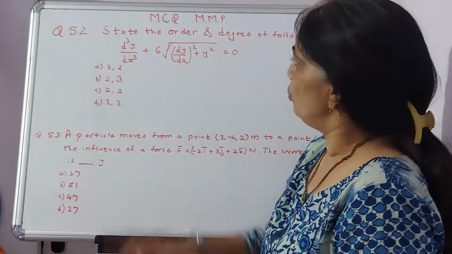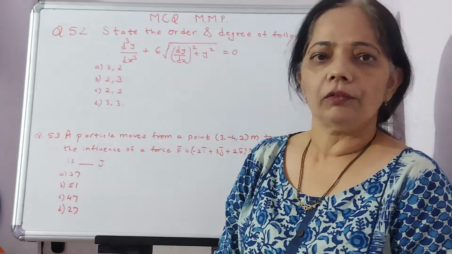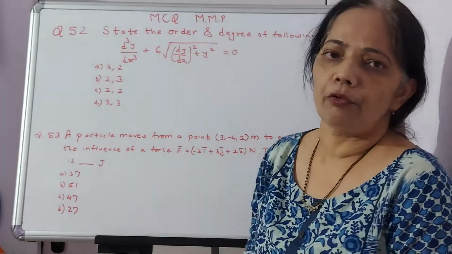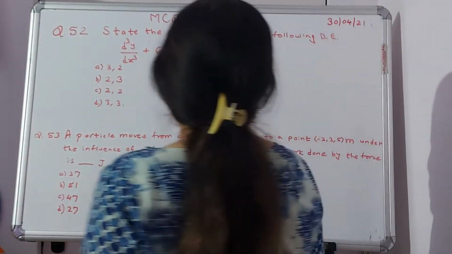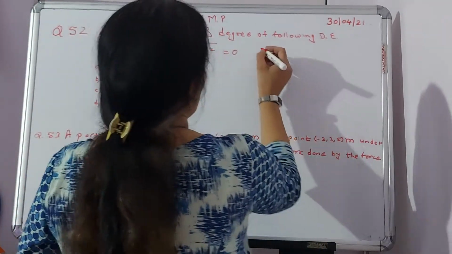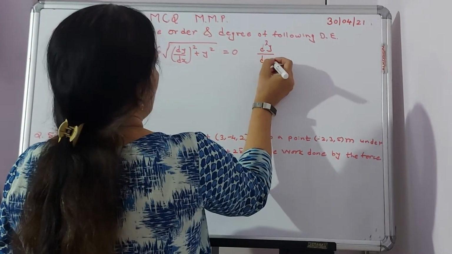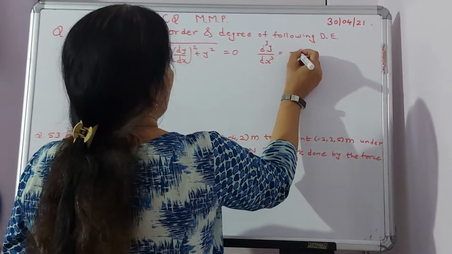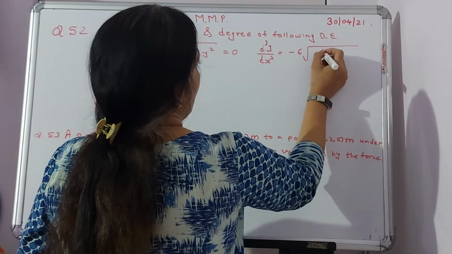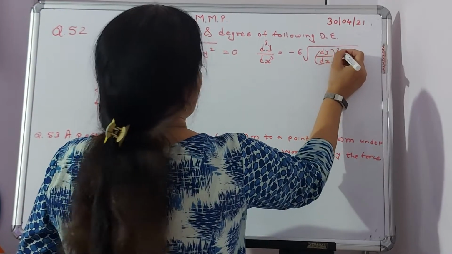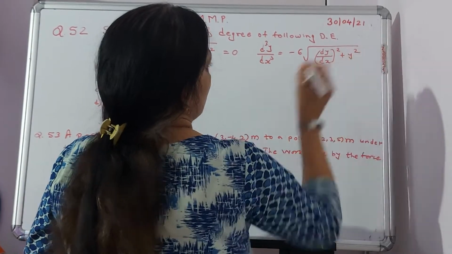We need to check both the order and degree of this equation. So first we'll have to get rid of this square root sign, correct? So for that, what is the first step? We should write d cube y by dx cube is equal to minus 6 under root dy by dx bracket square plus y square.